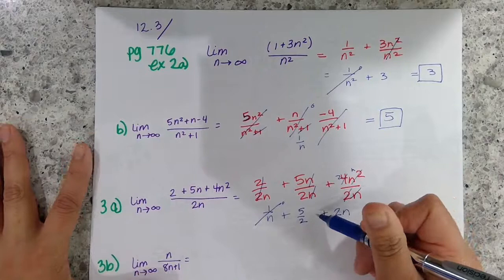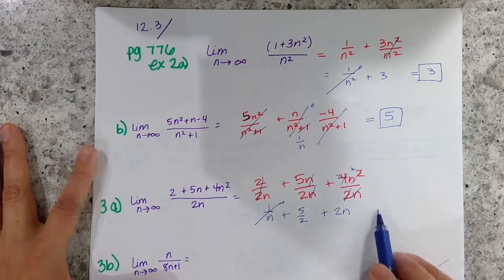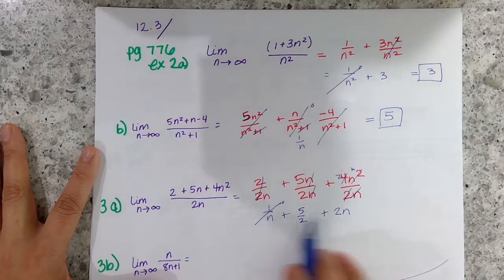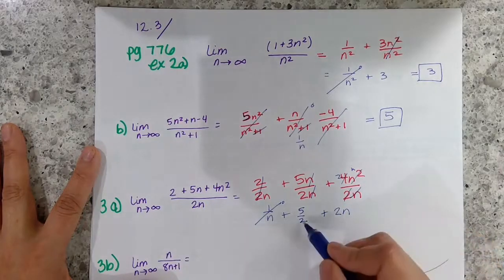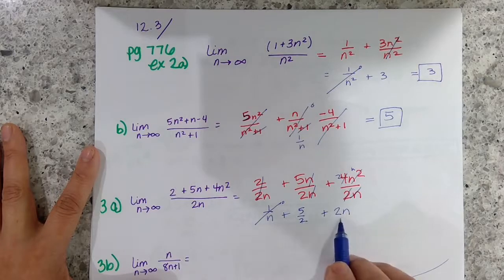5/2, you do have 5/2, but in this case, you would have 2 times 1,000,000, 2 times 1,000,000,000,000. This thing gets so big, it would just get bigger and bigger and bigger. And so we say that as n goes to infinity, this just gets super big. So this is 5/2, but what's 1.5 or 2.5 plus 3 trillion?